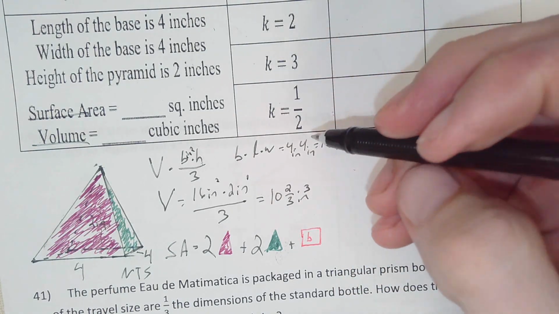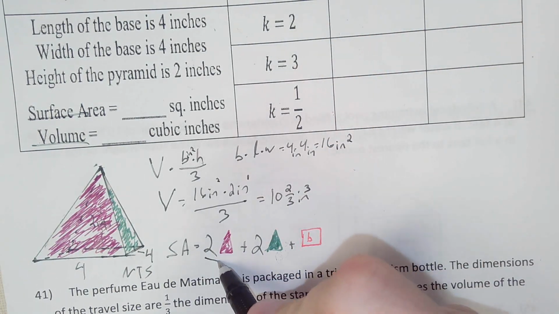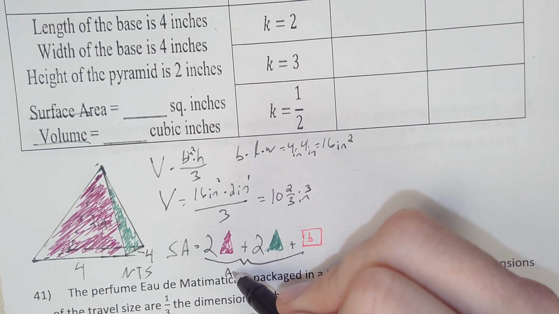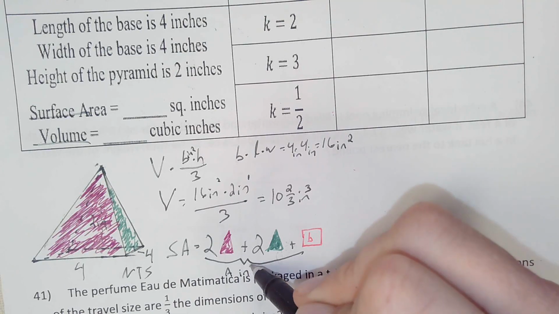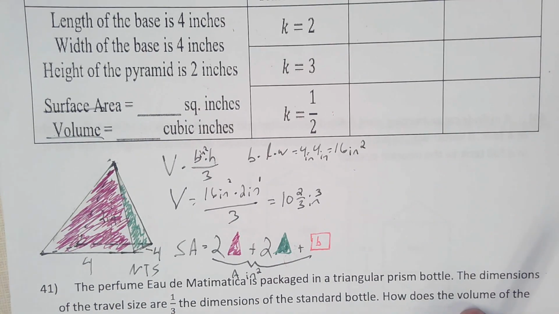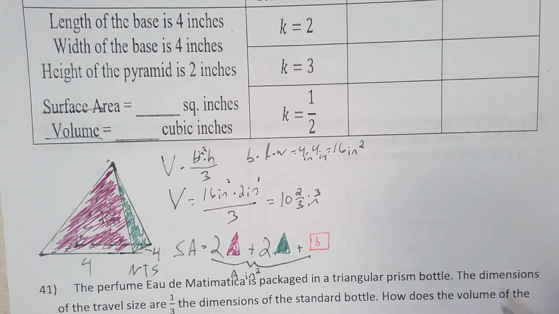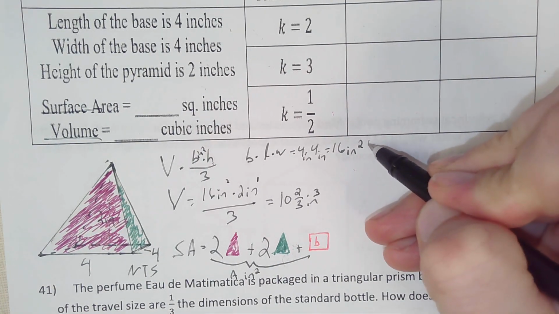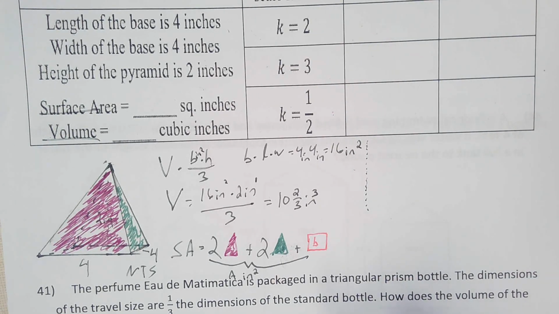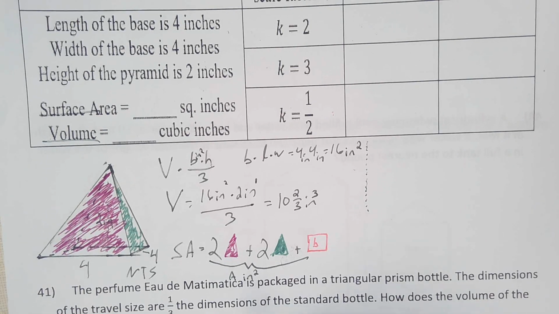I'm very sorry about leaving out the units in that example. These are all areas, so these are all going to be in inches squared. I committed the cardinal sin of mathematics: I didn't include the units. Shame on me.